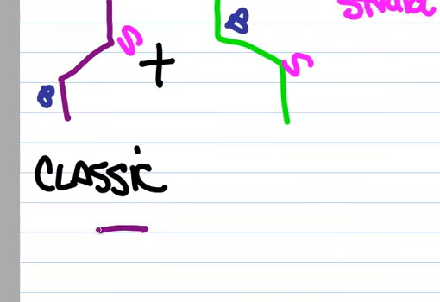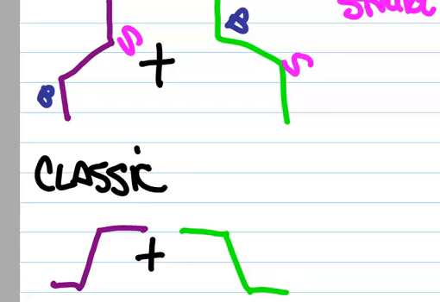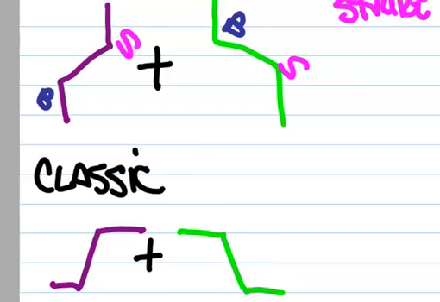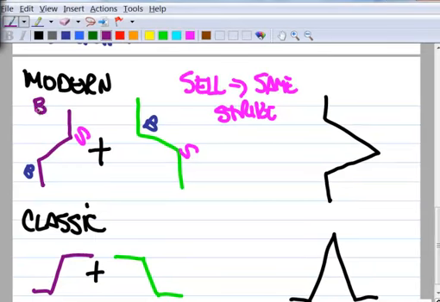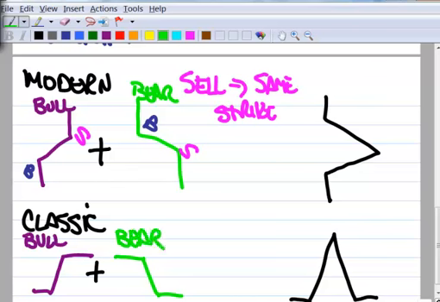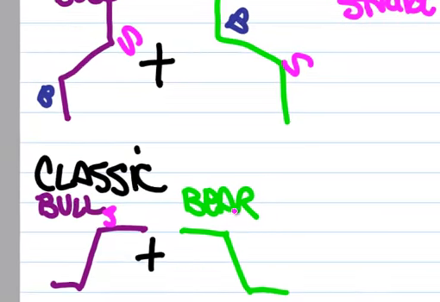So we're looking to create the addition of two different pictures: a bullish leg, and then we're going to add that to a bearish part of the leg. And we're using the same sell strikes, so we're selling the strike twice.